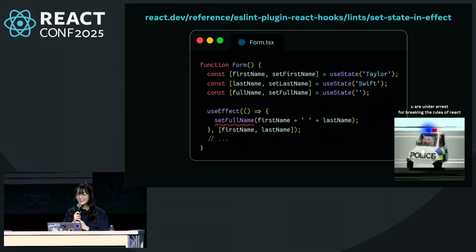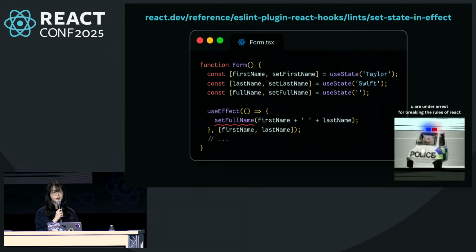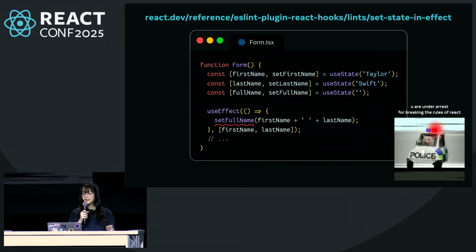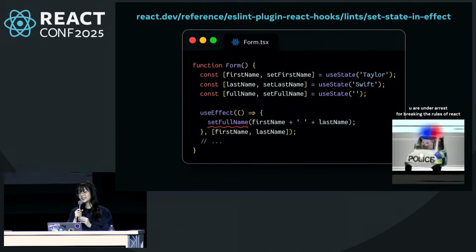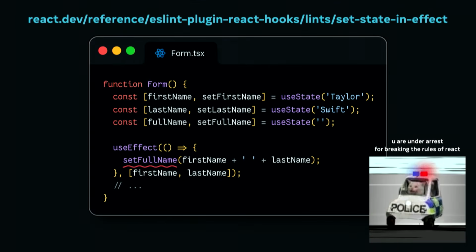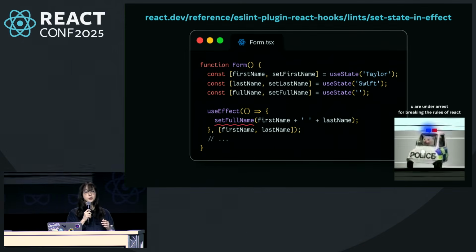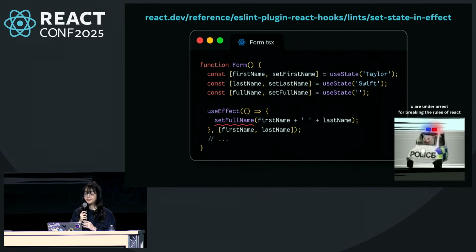So the compiler uses its deep understanding of your code and its knowledge of the rules of React to provide detailed diagnostics, and a cat arresting you for breaking the rules of React. No, that's not actually a feature. Not yet, at least. And here you'll see that there's a pattern that's actually really bad for performance, where you call setState inside of an effect.